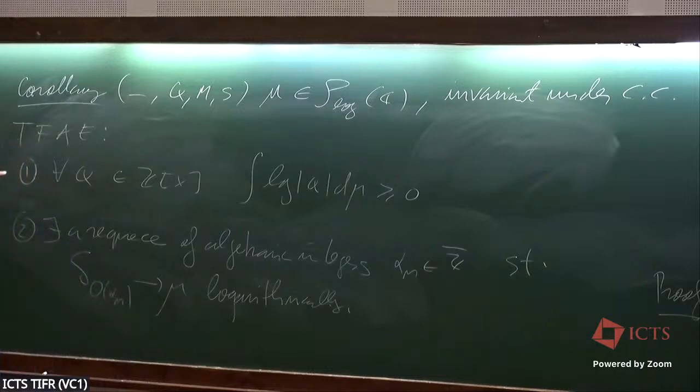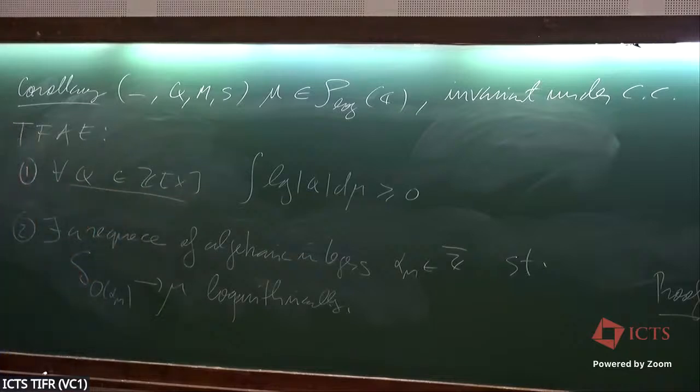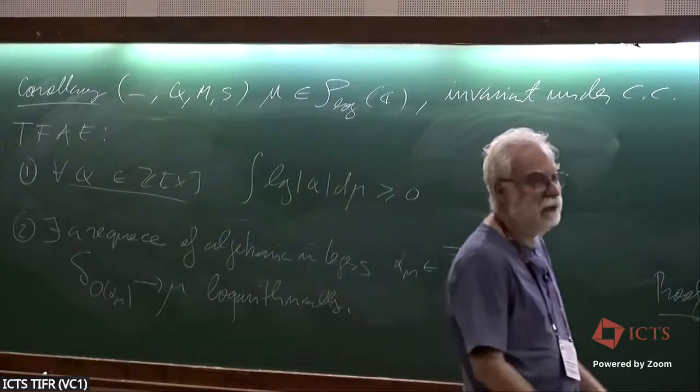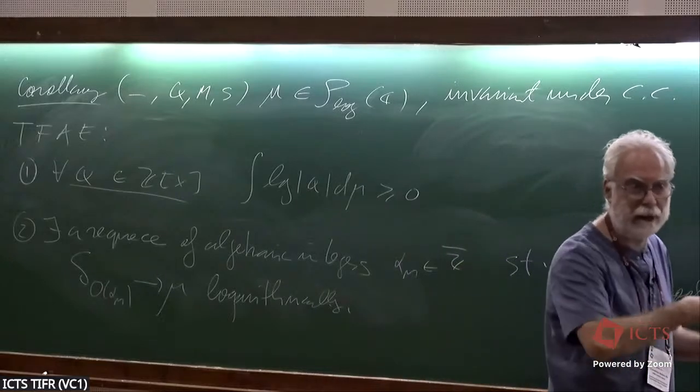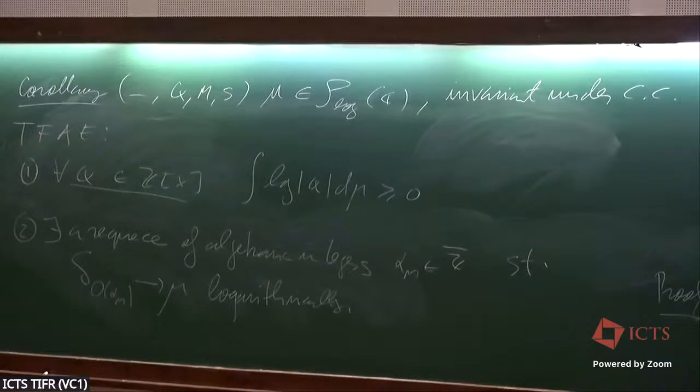But this condition is not, because here I have to test for all integral polynomials, and this condition is not invariant under translation by reals. Which is in some sense a good thing, because the distribution of integers is not invariant under translation by arbitrary real numbers. Good. Questions so far?